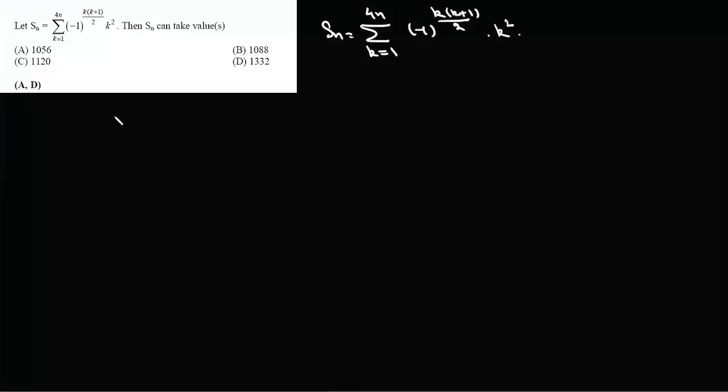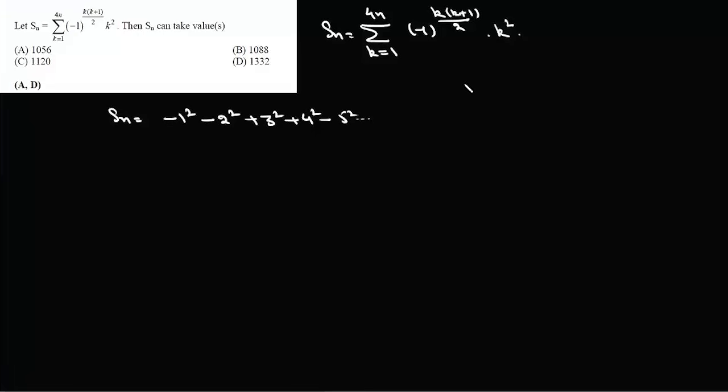Now, if we write the first few terms, we can write this Sn as, if we take k as 1, we get this as minus 1 square, and then if we take k as 2, it will be minus 2 square. For k equals 3, it will be plus 3 square, and for k equals 4, it will be plus 4 square, and then if we take k as 5, again it will be 5 into 6, odd number, so it will be minus 5 square.